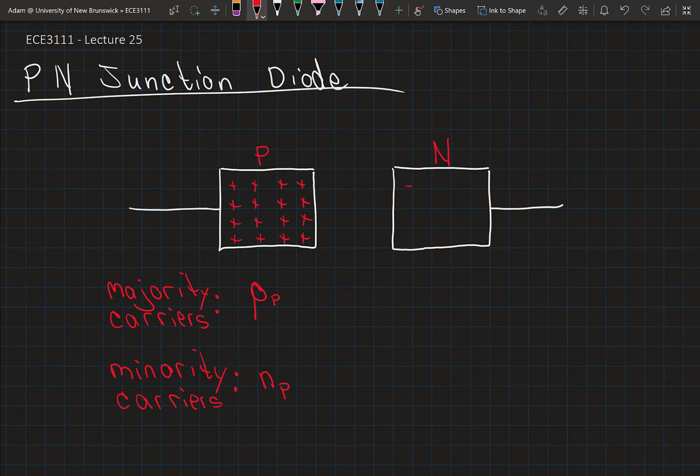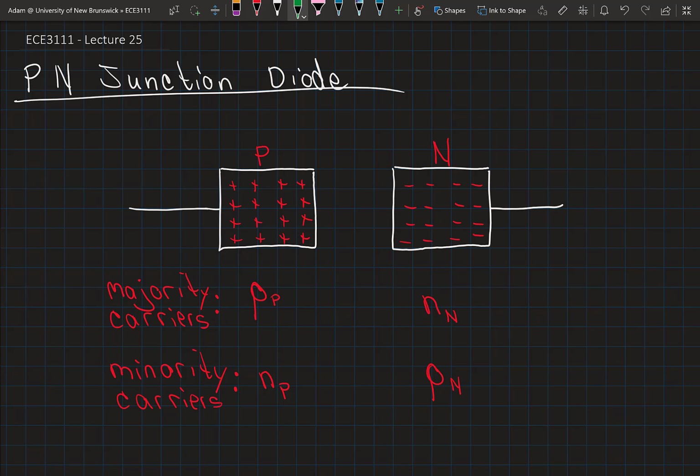Okay, in our N-type material, we have a surplus of electrons, or majority carriers that are electrons. So in the N-type material, we have majority carriers that are electrons, and we have minority carriers that are holes.